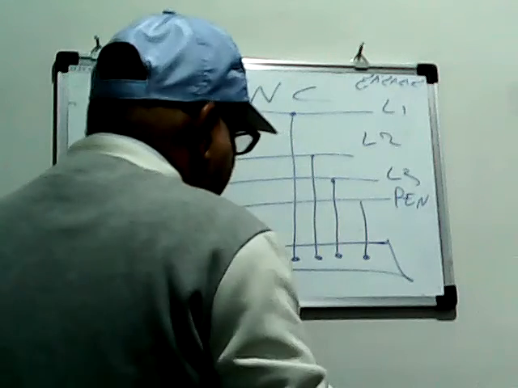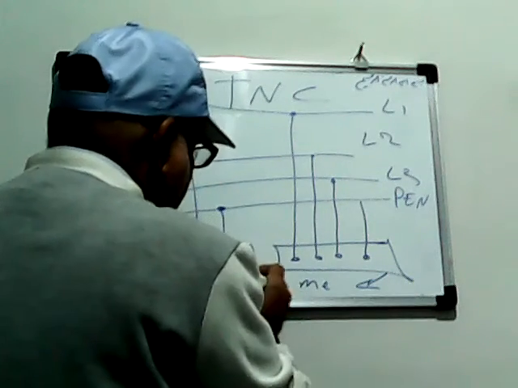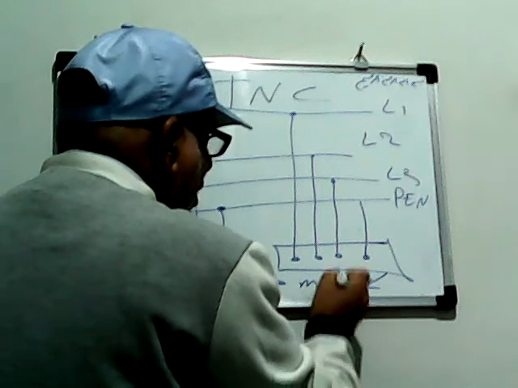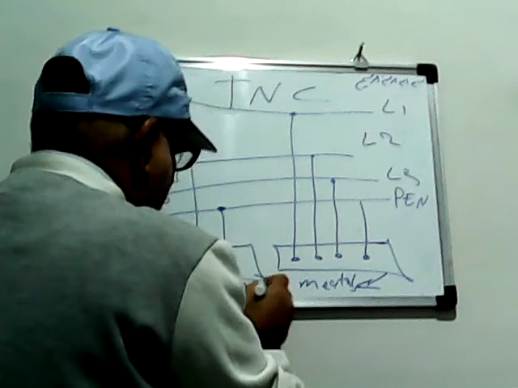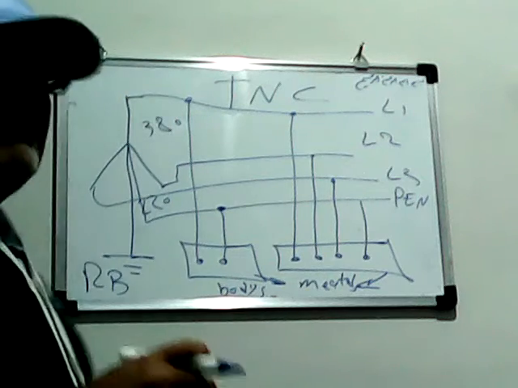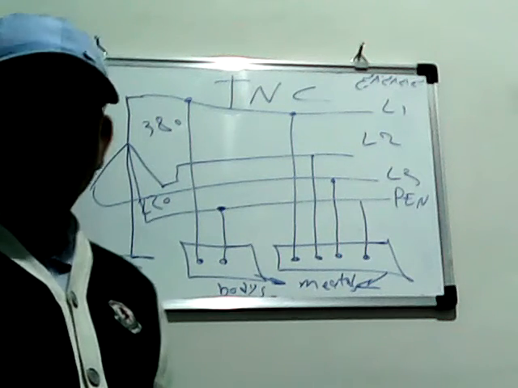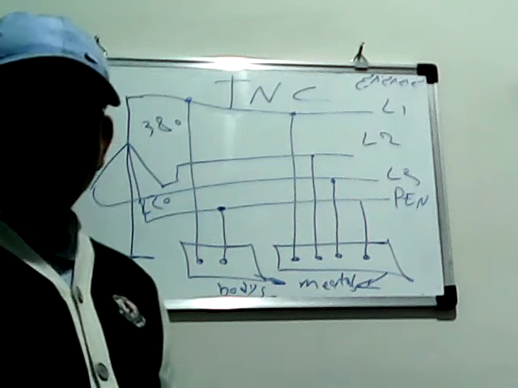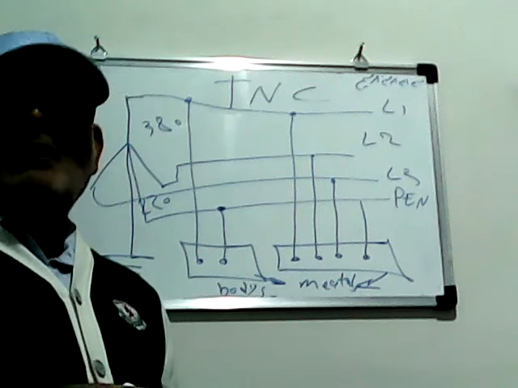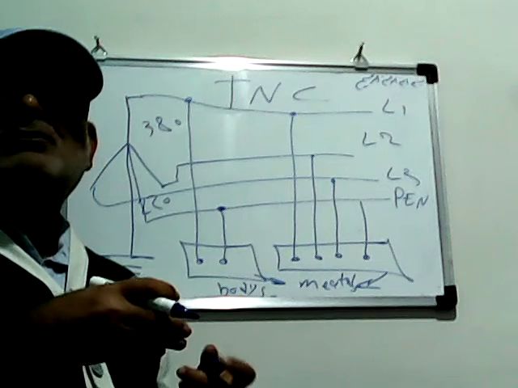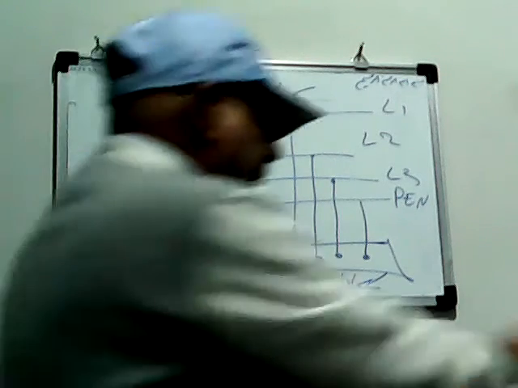Over here are the metals. This means the metal bodies, like the body of all electric motors, compressors, some devices, and also the metal of the foundation of the building, rods, and also the pipes we use here.